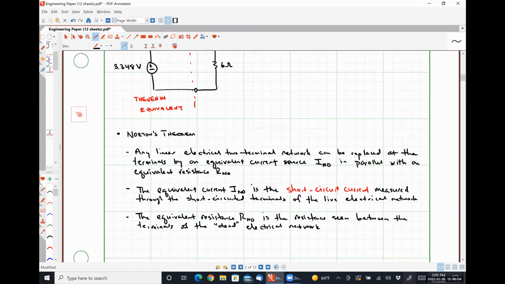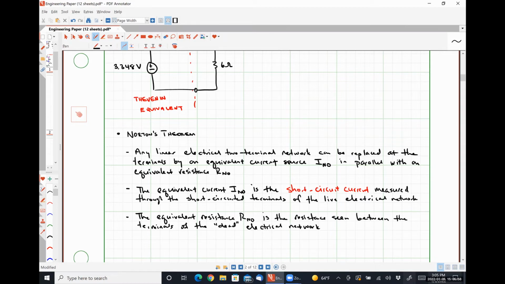So before we work an example that illustrates how to determine the Norton equivalent circuit, what is the difference between the Norton equivalent resistance and the Thevenin equivalent resistance? They're identical. There is no difference.